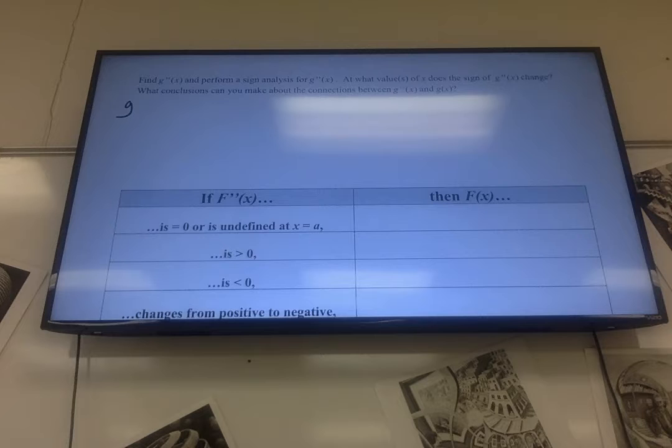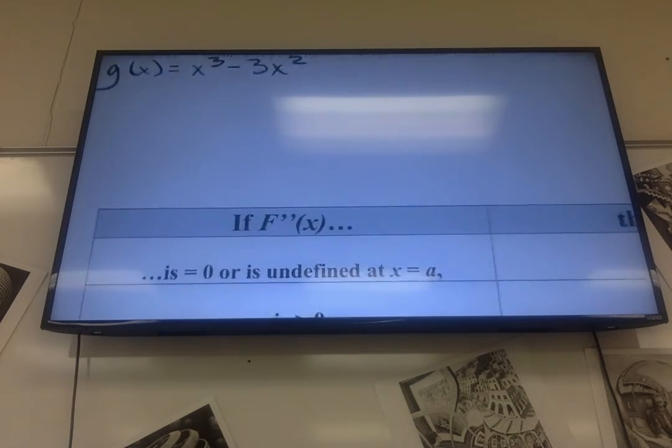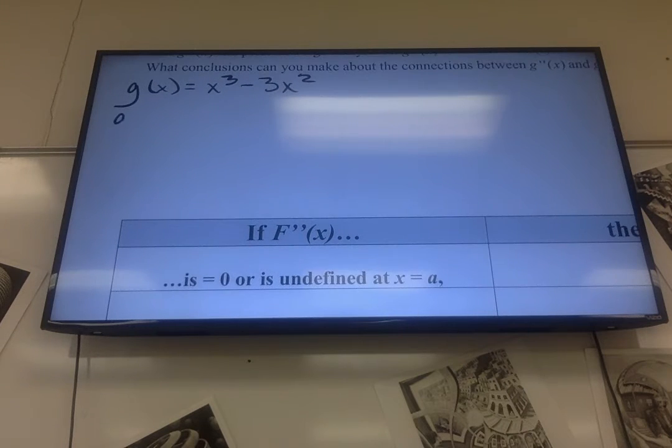Okay, so g of x was x cubed minus 3x squared. g prime of x then is 3x squared minus 6x. So there's g prime of x. What about g double prime? 6x minus 6.